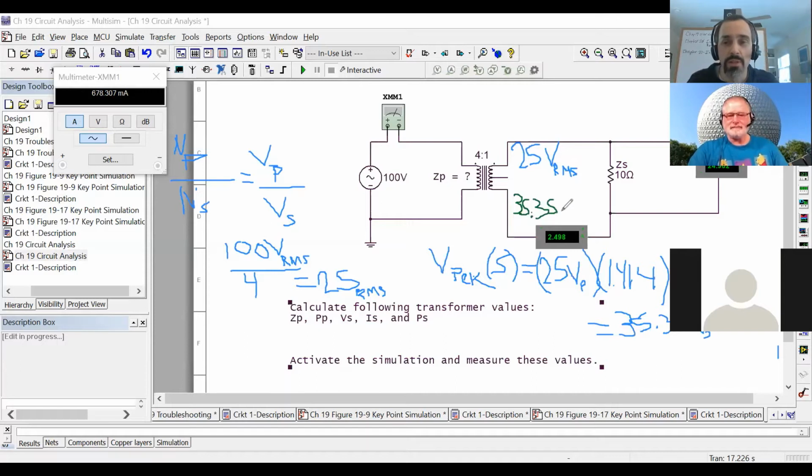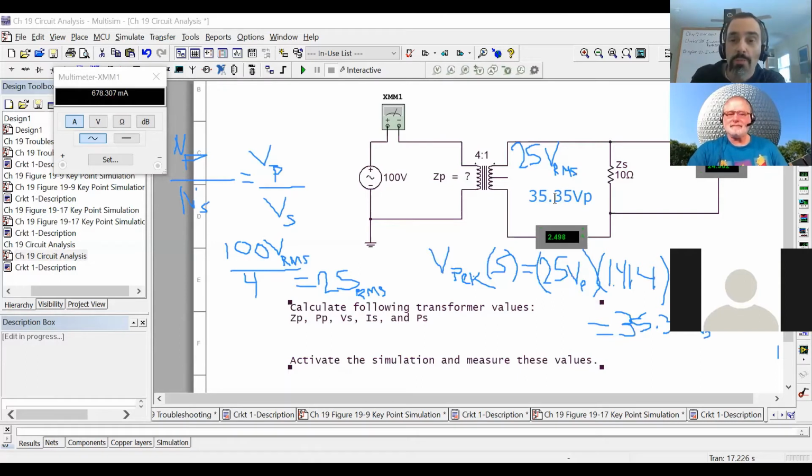I could probably type this in too. Let me see if I can type it in. There's a text box right there. So we got 35.35 volts peak. There we go, much better. All right. So that gives us our peak.